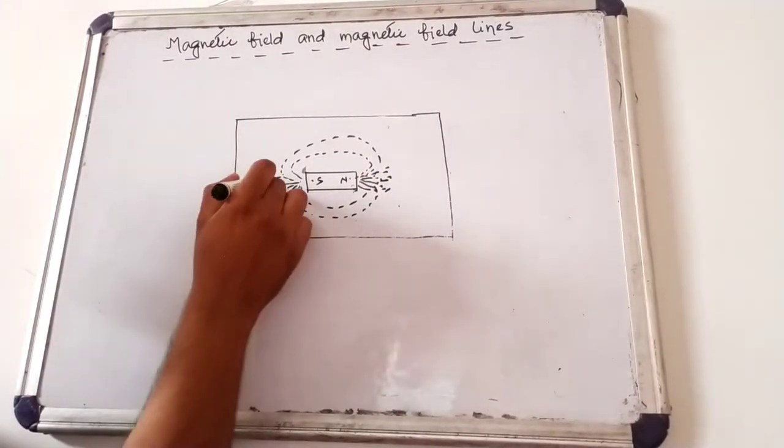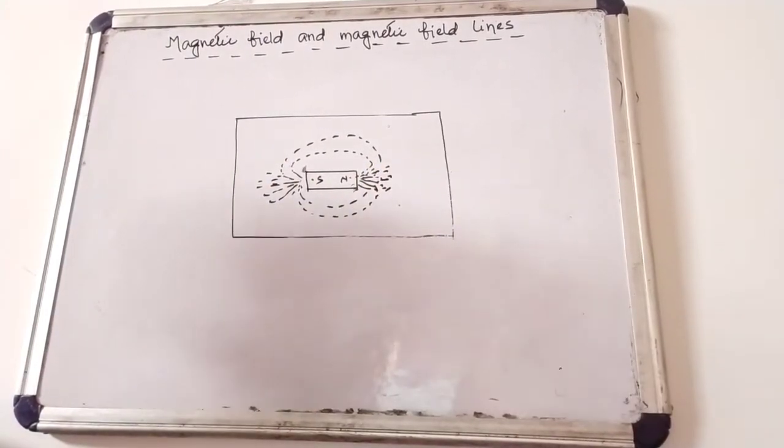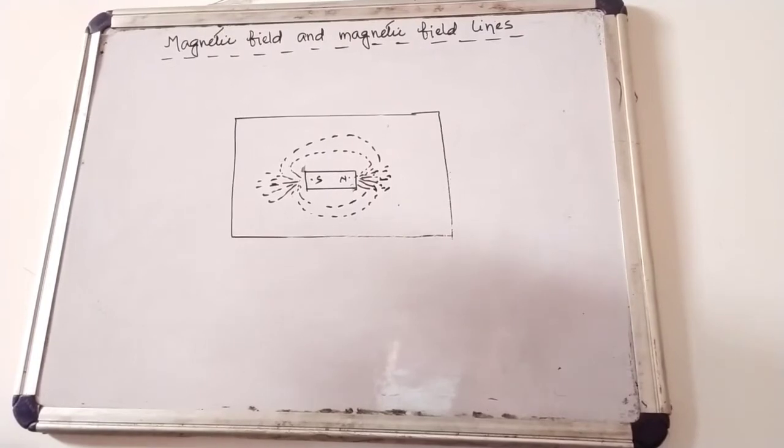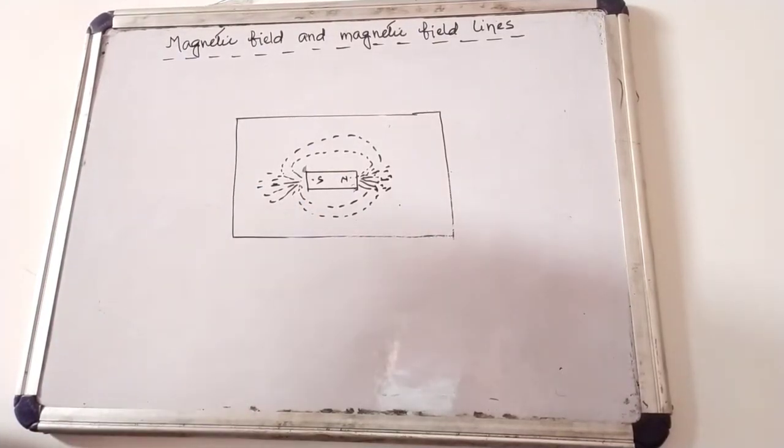This is because near the pole the concentration of iron filings is more, since near the pole of a magnet the magnetic strength is large. More magnetic field means it will attract the iron filings with more force, and that is why the concentration will be more.